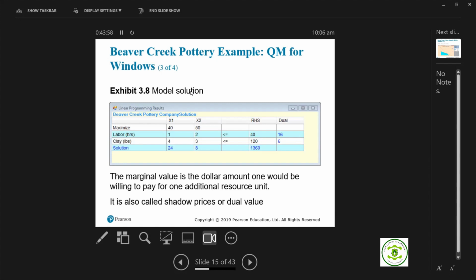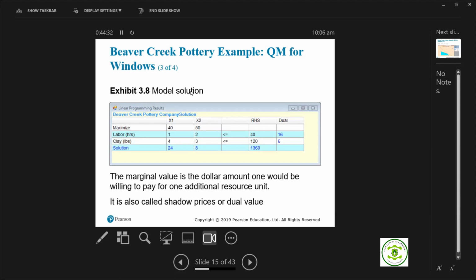Another way to explain the marginal value or the shadow price is to say that that is the maximum amount one will be willing to pay for an additional unit of the resource. Because this is the value that the resource is bringing to you. So you will not pay more than that for an additional unit. But that doesn't mean that that's how much you should go, for instance, buy 1 additional pound of clay.